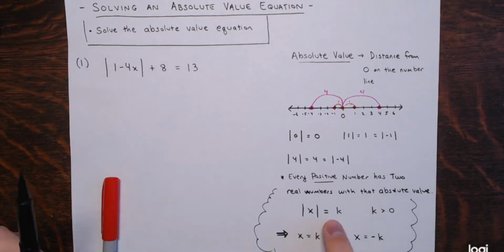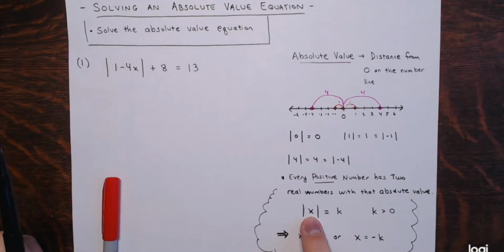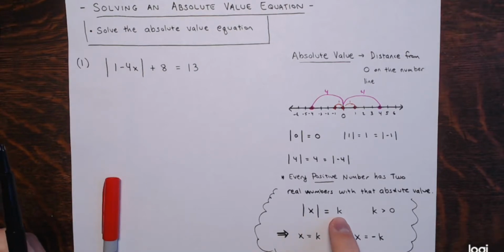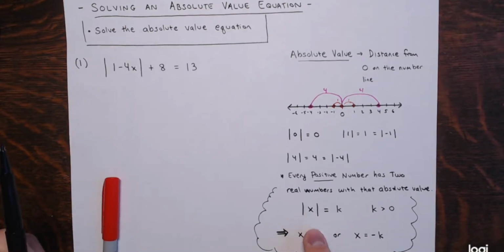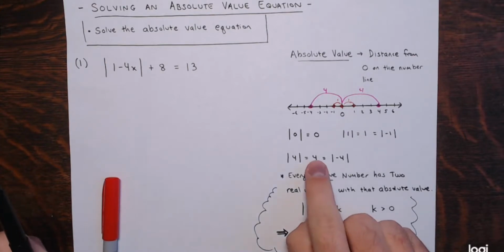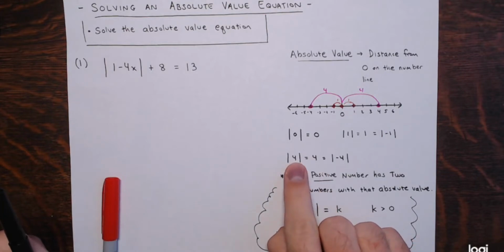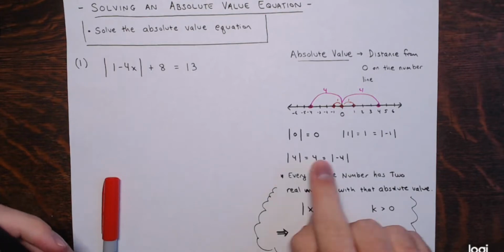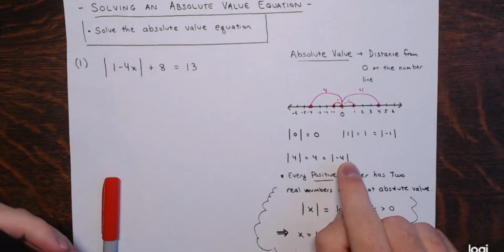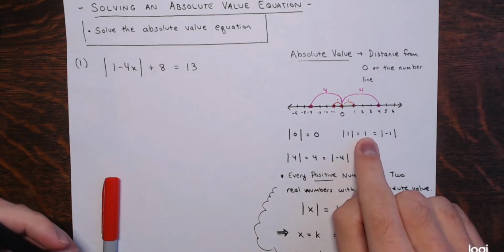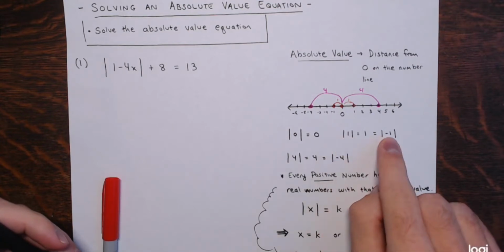We're going to use the fact that if the absolute value of some unknown is a positive number, then that unknown is either that number or its opposite. If the absolute value of something was 4, then the number we're taking the absolute value of must either be 4 or negative 4. If the absolute value is 1, then the number must be 1 or negative 1.